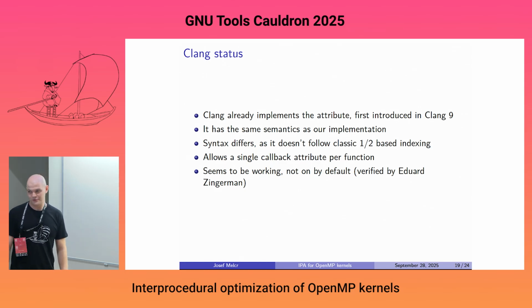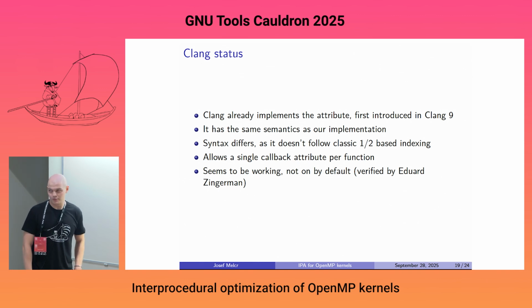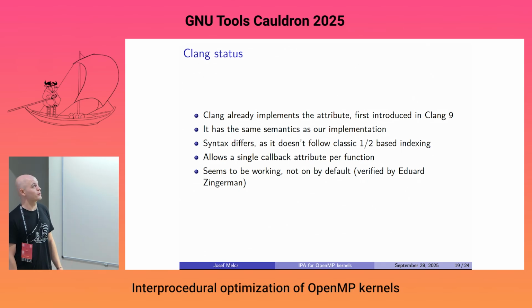Turns out that's not really true, and it was just a skill issue on my part. I couldn't get it to work. I couldn't achieve the speedups that they claimed at Euro LLVM. However, a fellow approached me yesterday, Edward Zingerman, who actually got it working. It's really cumbersome and it's not documented well, but it actually is working.